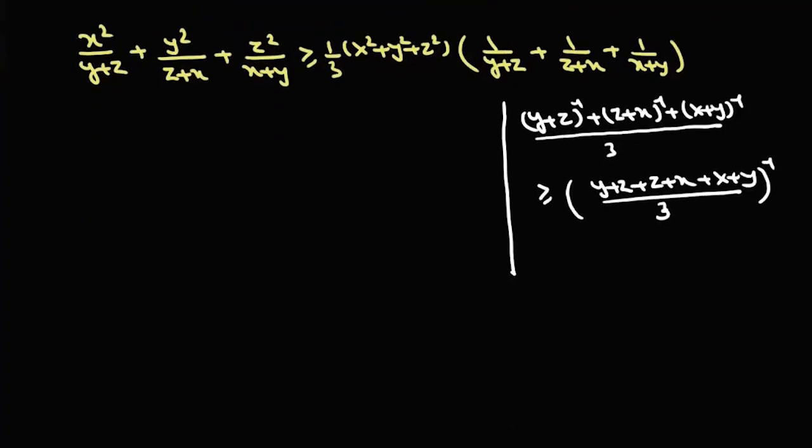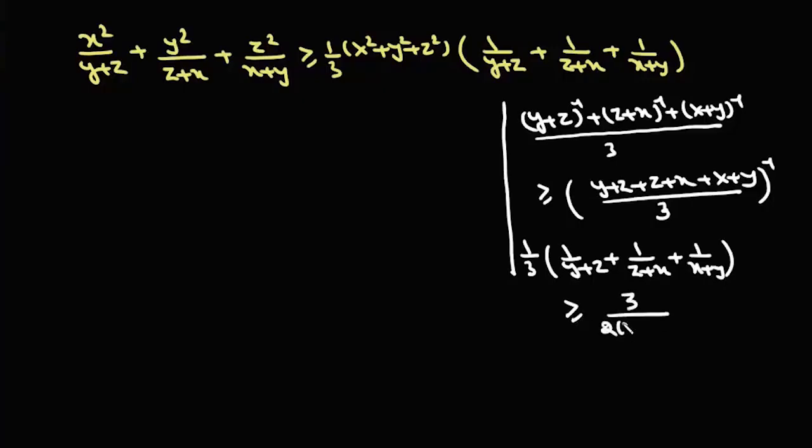So from here we can say this 1 upon 3 times (1 upon (y + z) plus 1 upon (z + x) plus 1 upon (x + y)) will be greater than or equal to 3 upon 2(x + y + z).